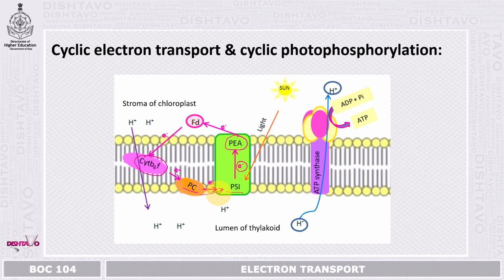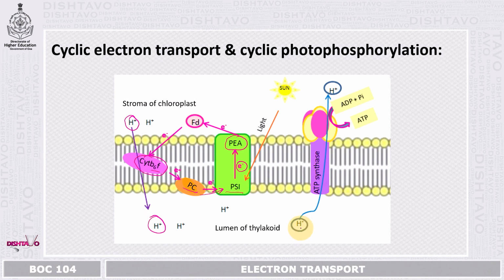During the process, the cytochrome B6F complex transports protons from the stroma of the chloroplast into the lumen of the thylakoid, again creating a proton gradient across the membrane of the thylakoid.